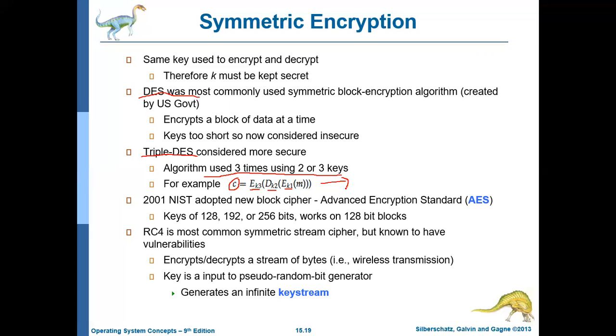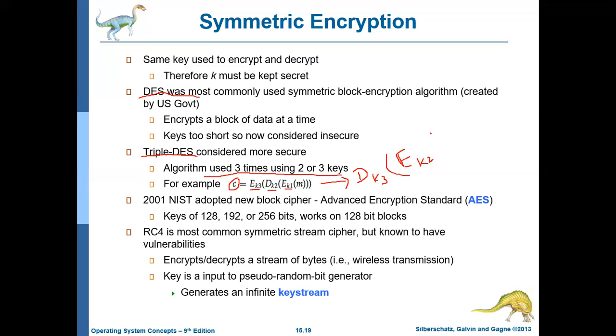Now to get the original message, what should the receiver do? There are 3 levels of encryption. So first, the receiver should decrypt using the key K3, because the outer level is encrypted with K3. Then the receiver should encrypt with K2.